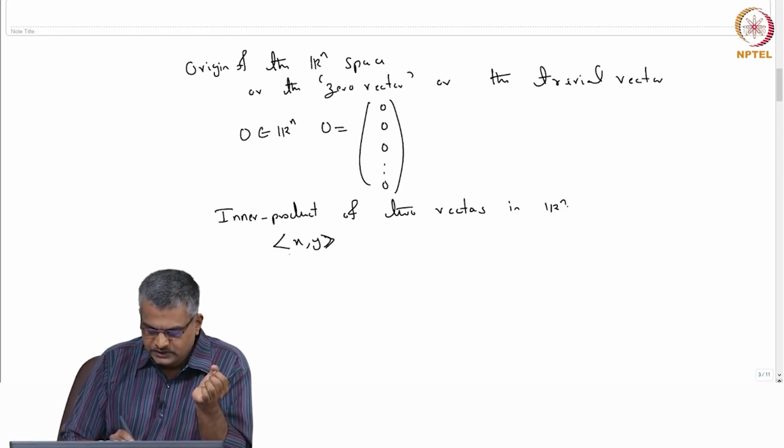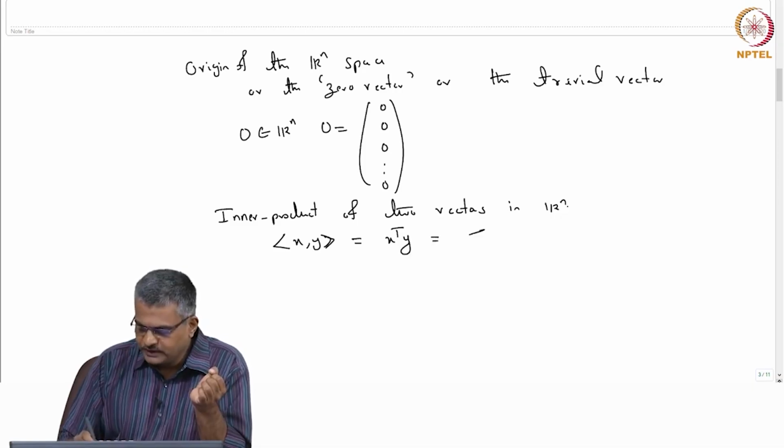This should be read as the inner product of x and y is nothing but x transpose y, or in terms of components it is the summation i equal to 1 to n of xi yi.